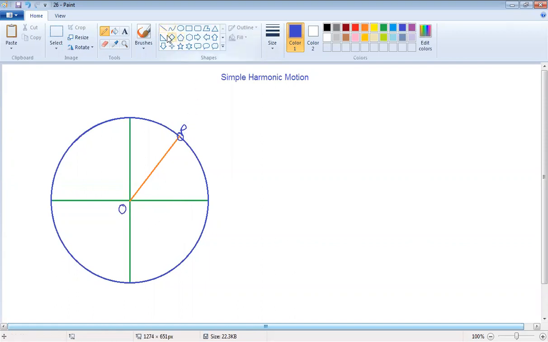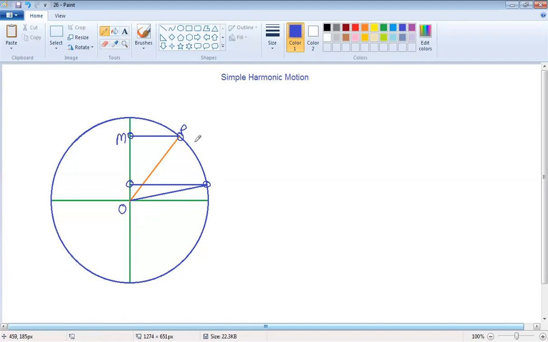Now, if we draw a perpendicular from the point P on the y-axis, suppose this point is known as M, then the point M will also move. For example, when point P was here, the perpendicular from this point on the y-axis was here.